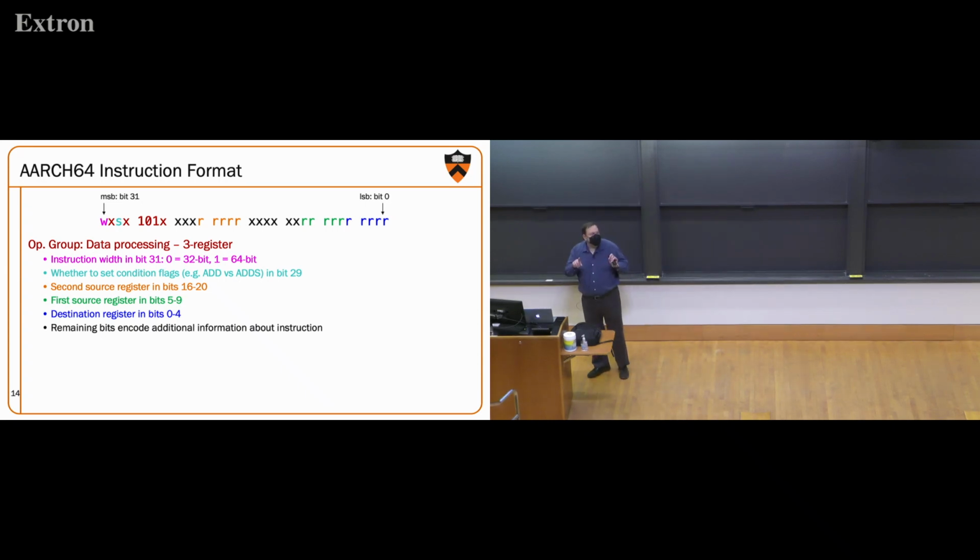So 0-based, least significant is 0, most significant is 31. Like I said, that's a pretty common convention, unfortunately not universal. There are some people who insist on numbering bits starting at the left. I don't know what's wrong with them. So when we say the destination is encoded in bits 0 through 4, we always mean the least significant bits.